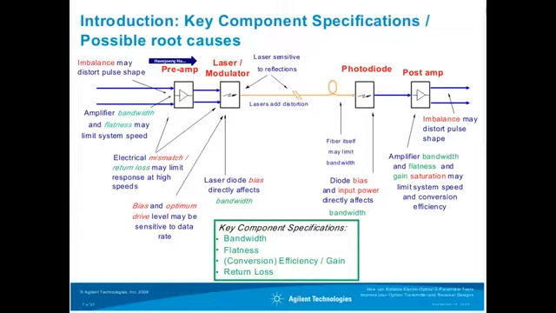Also, if you look at the laser or a modulator or even a photodiode, the operation and the performance of these components are very much dependent on their biasing conditions.